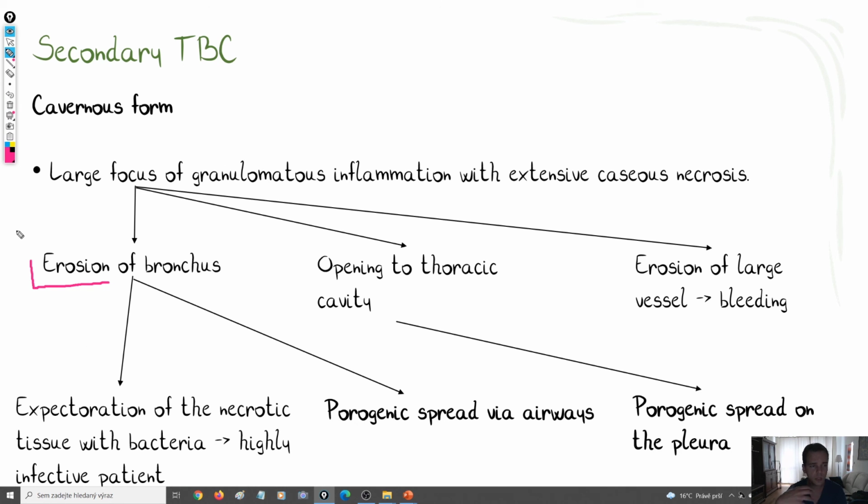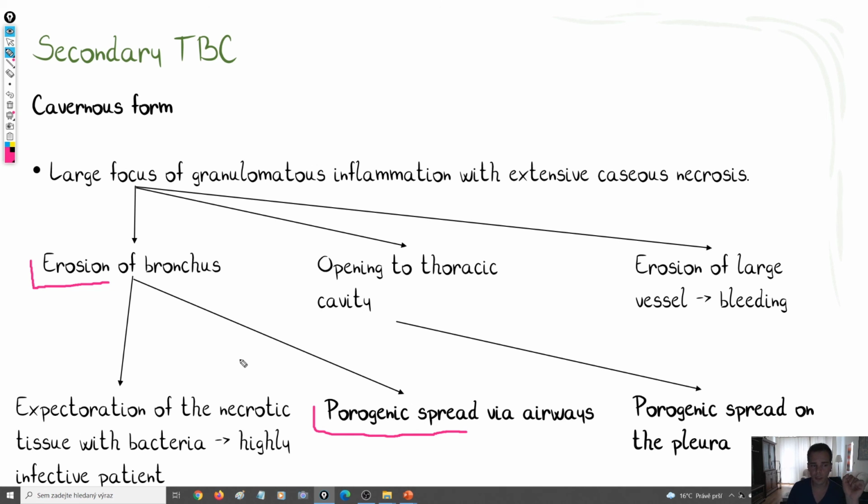And then the caseous necrotic tissue is cleared into the bronchus, and the patient starts to expectorate, cough out quite a large amount of necrotic tissue full of bacteria, and this patient is highly infective. It's called open TBC. Or this erosion of the bronchus is also a way of the bronchogenic spread via airways. So the TBC can spread on the surface of the bronchial mucosa.